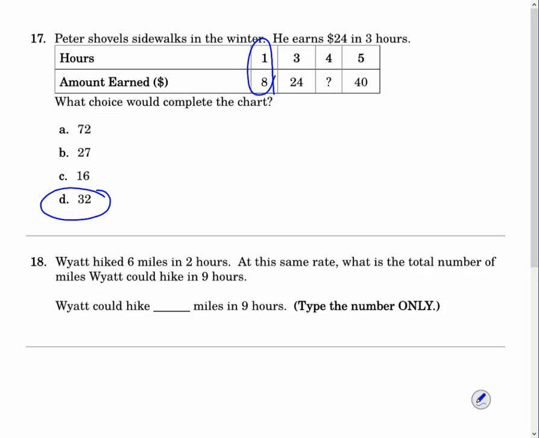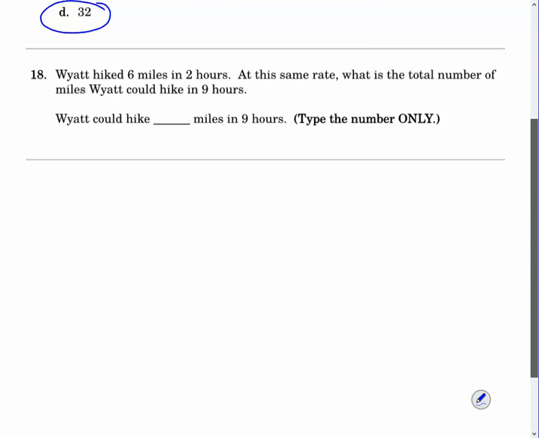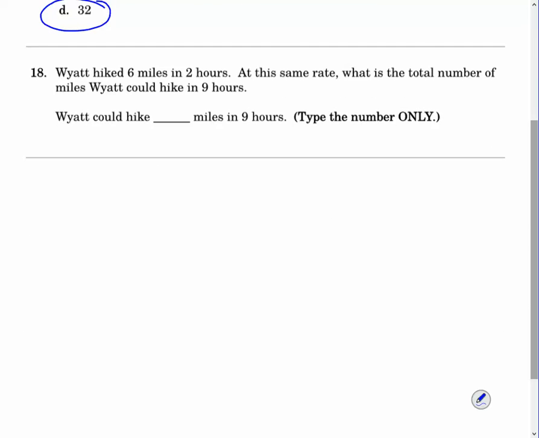All right, the next question. A lot of kids had trouble with this one because they didn't set it up properly, and again, I attribute that to not using labels the way they should. So you know that Wyatt hiked 6 miles for every 2 hours. That's right in the problem. Then you want to figure out 9 hours. People are messing this up because they're putting the 9 on top.